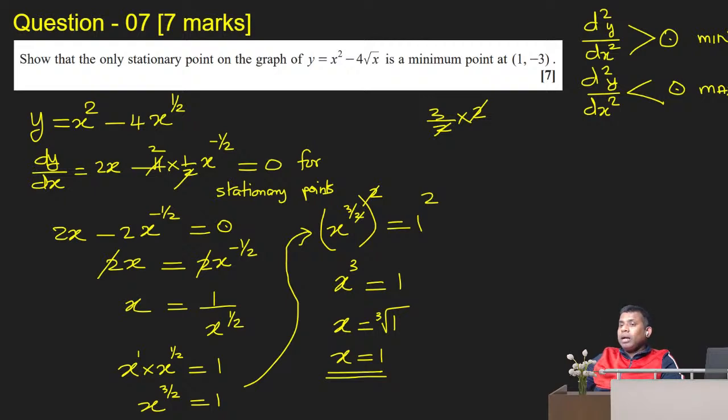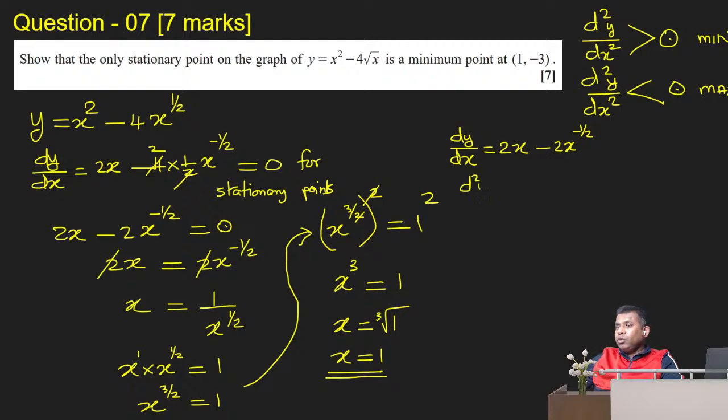These are the theory you need to understand from differentiation, right? So x equals 1 is a stationary point. I am going to find out what my second derivative is. So first of all, what is my first derivative? Let me write that one nicely. dy by dx equals 2x minus 2x to the power minus half.